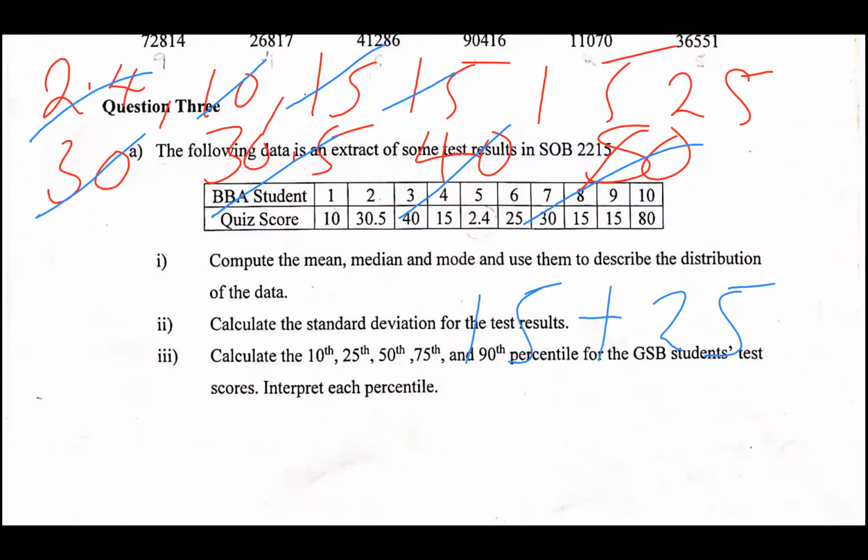The mode is the number that is appearing frequently. Yes. So the mode is actually the most frequent number. Which number is it? It's 15. Yes, 15.